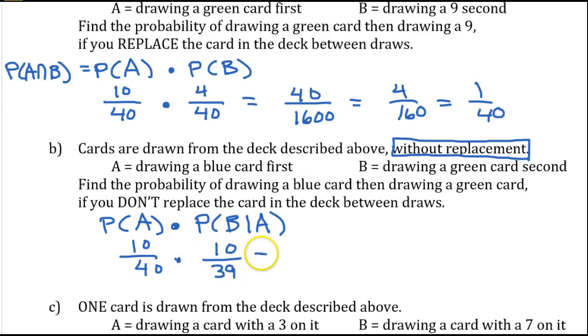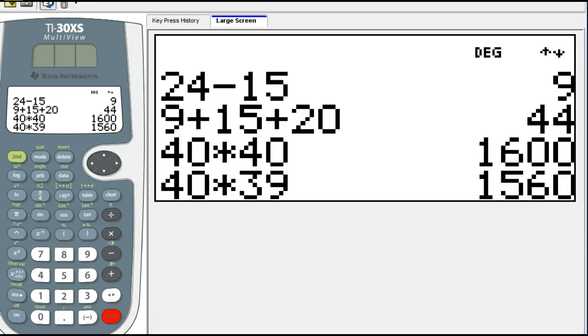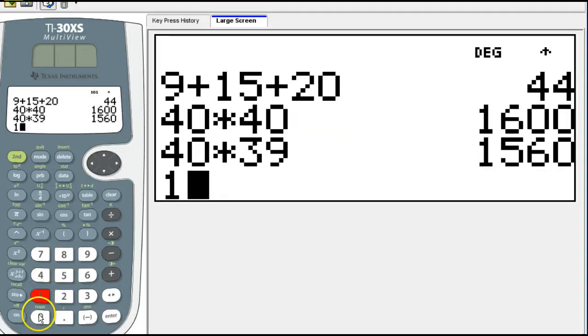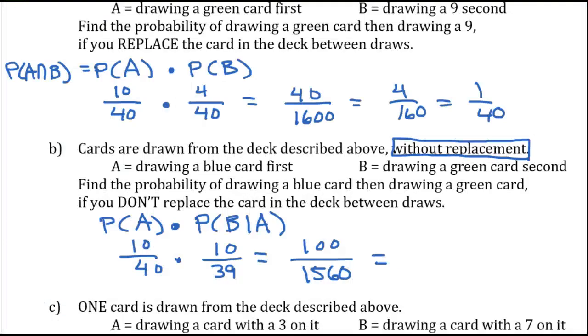Anyway, so let's multiply these together, and that's going to be 100 over whatever this is. Okay, and you could reduce it if you wanted to. All right, 5 over 78.